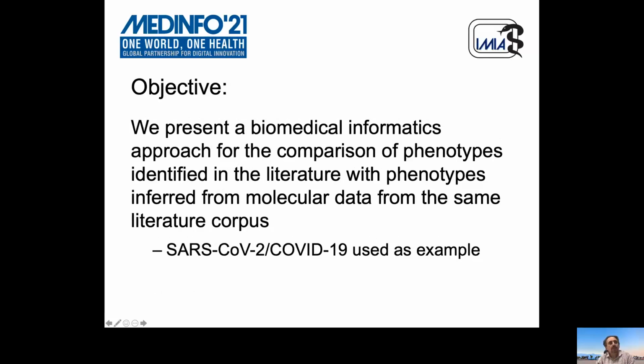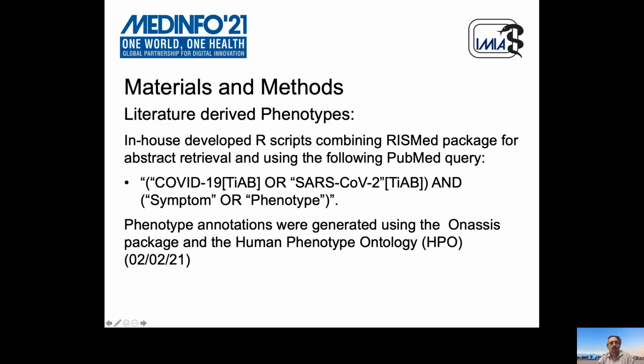The objective of this work is to present a biomedical informatics approach for the comparison of phenotypes identified in the literature with phenotypes that are inferred from molecular data from the same literature corpus, using SARS-CoV-2 COVID-19 as an example. The materials and methods for this submission are divided in two elements.